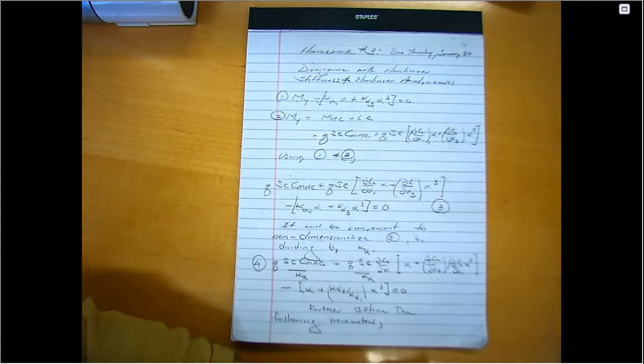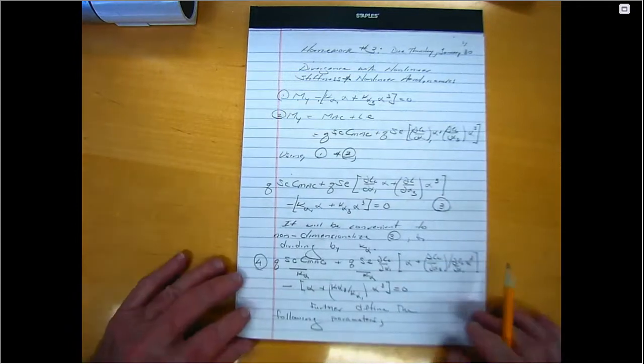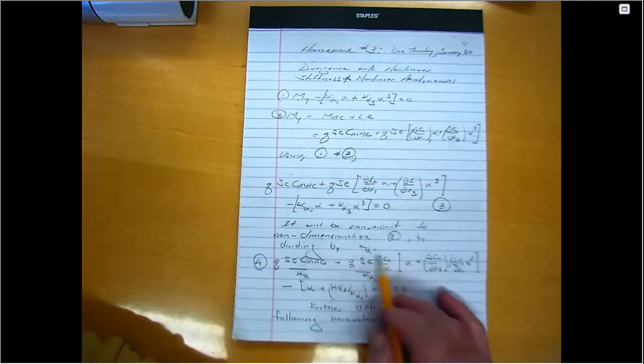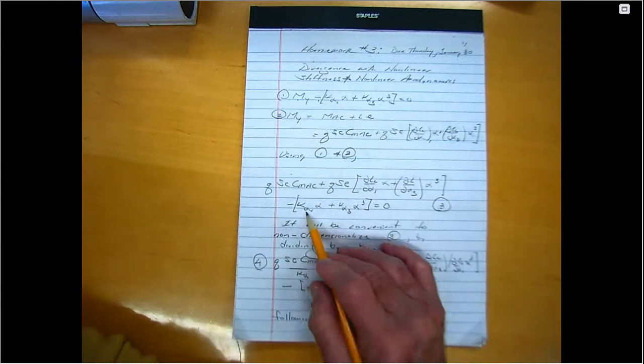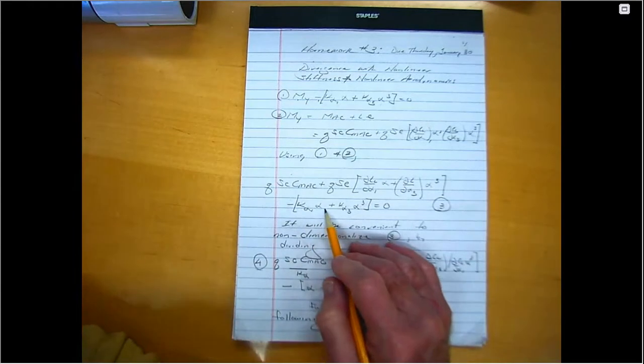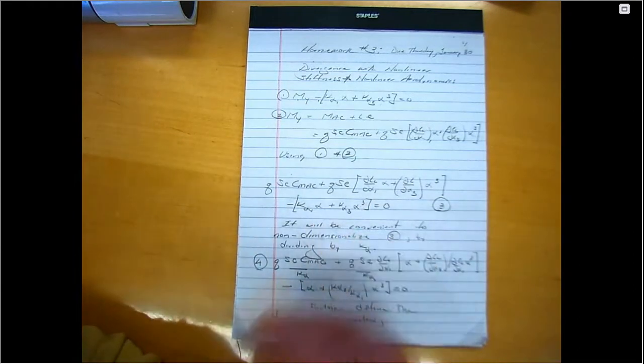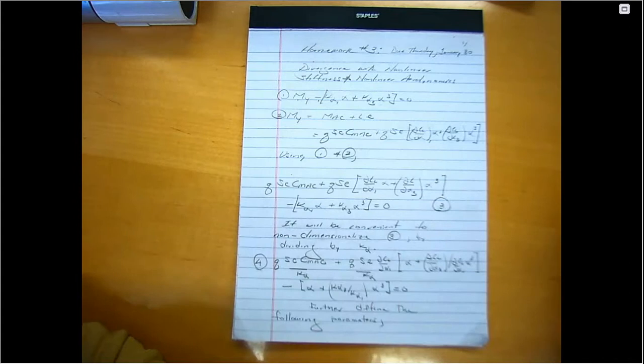This is something we do for many mathematical models. So we non-dimensionalize it by dividing by k alpha, because alpha itself is non-dimensional, right? If I divide by k alpha, I make this a non-dimensional form.